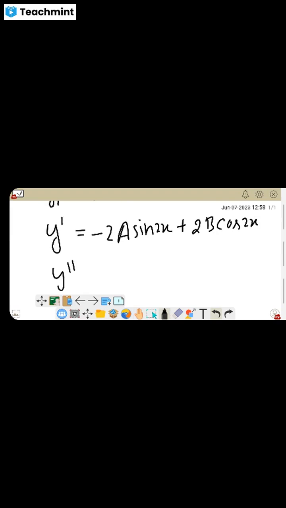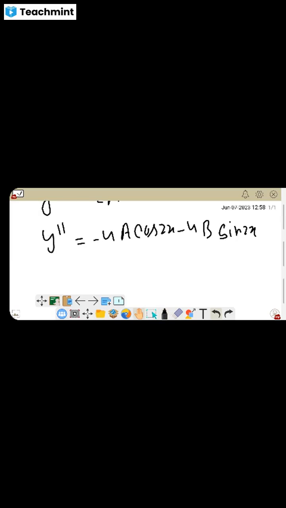Then y double dash is minus 4 a cos 2x, and again minus 4 b sine 2x. Now we take minus 4 as common, and we have a into cos 2x plus b into sine 2x.